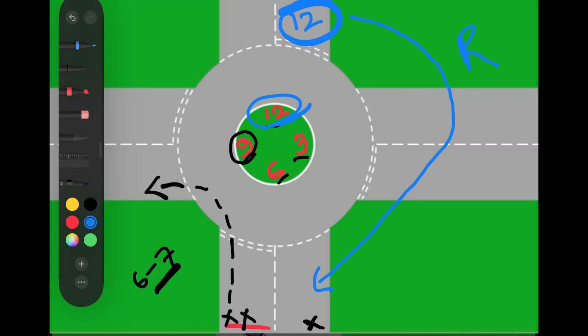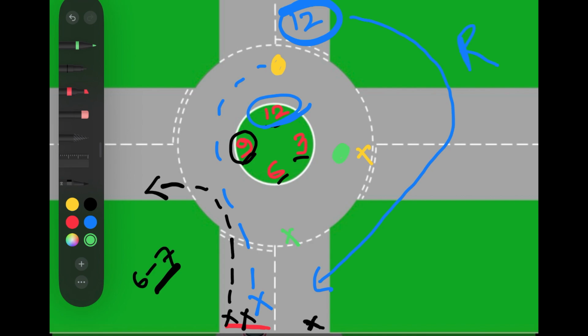And if you're coming from this point, you should always signal right, continue signaling right, and then when you take an exit, start signaling just before the previous exit. So if you're taking this exit, start signaling from here, and if you're taking this exit, start signaling from here, right?